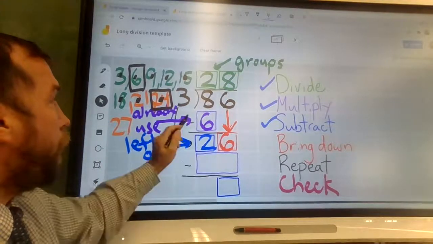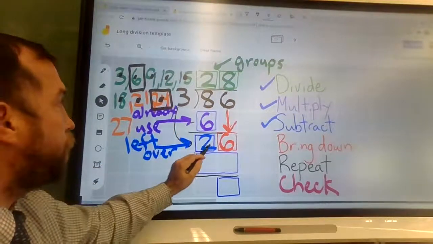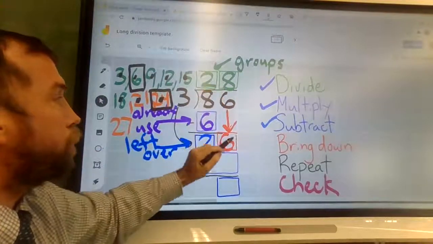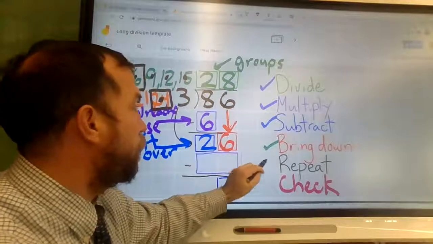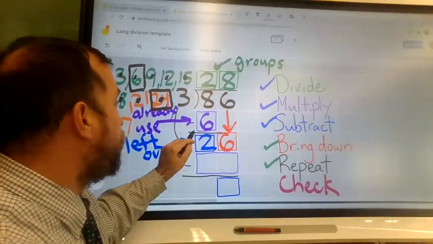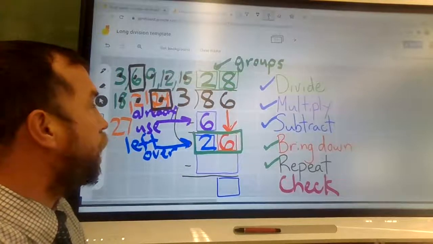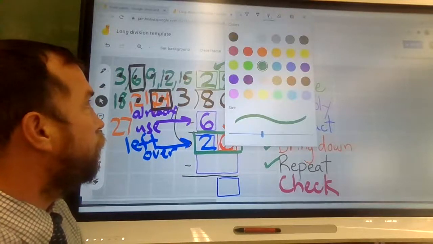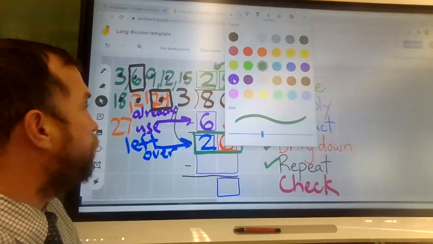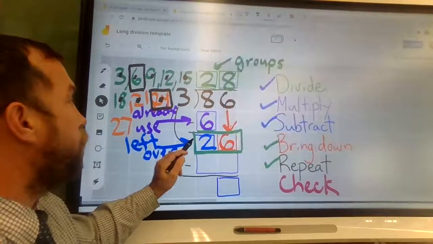So now I'm starting over. I said, how many times can 3 fit into 26? It was 8 times. Again, I did my bring down. I did my repeat. How many times can 3 fit into 26? 8 times. And then what was left over, well, we kind of did that from before.